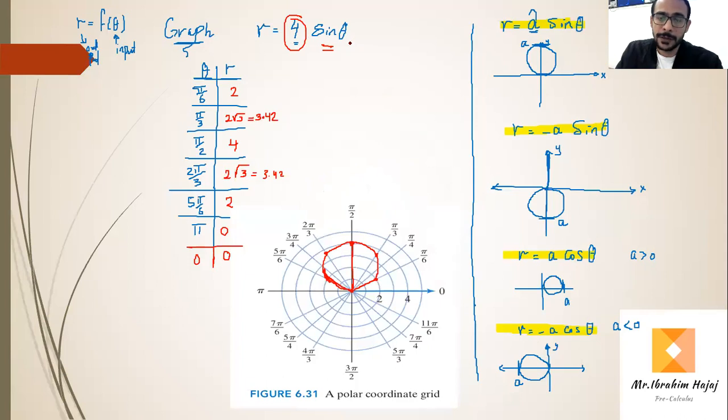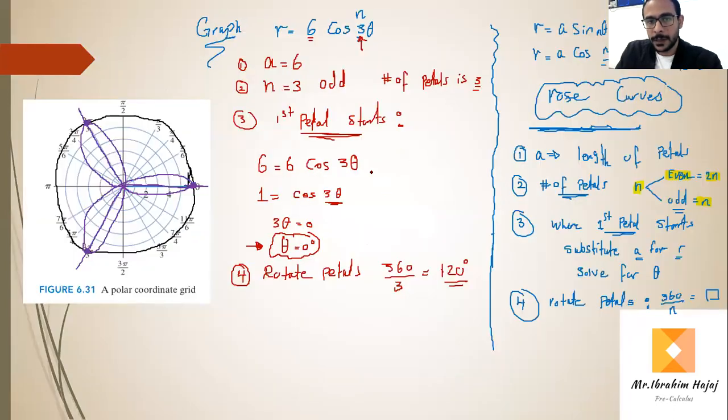But 4 sine theta is a circle, not a rose. For roses, when r equals a sine n theta or a cosine n theta, A gives the length of the petals, and n gives the number of petals.